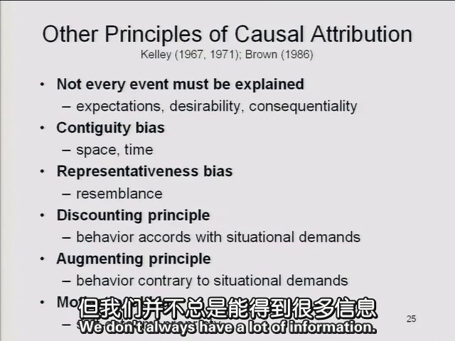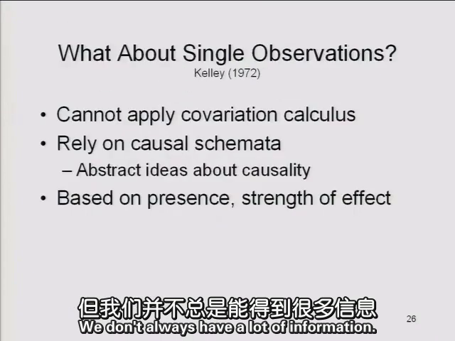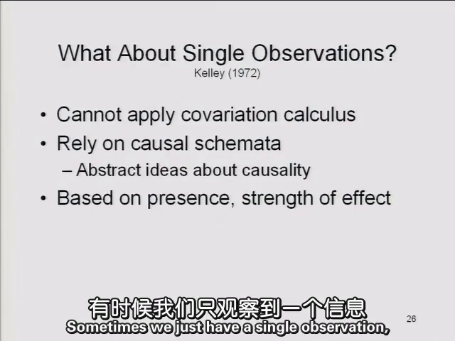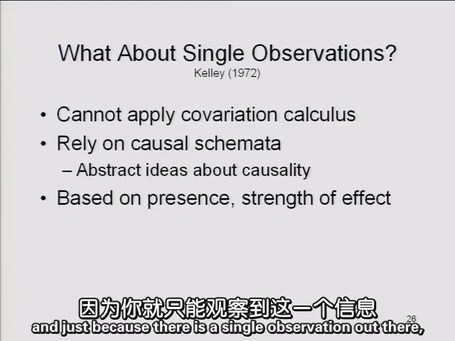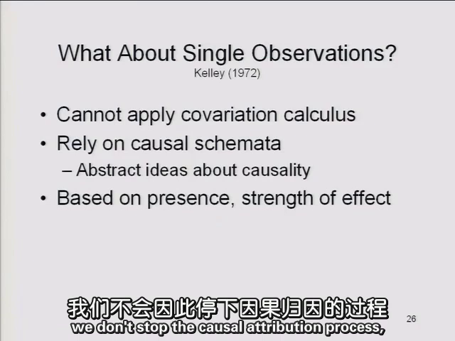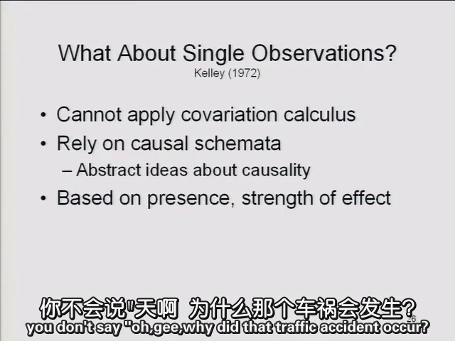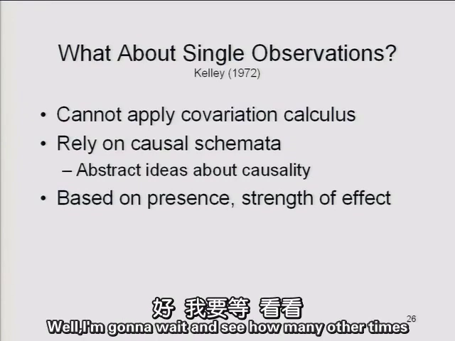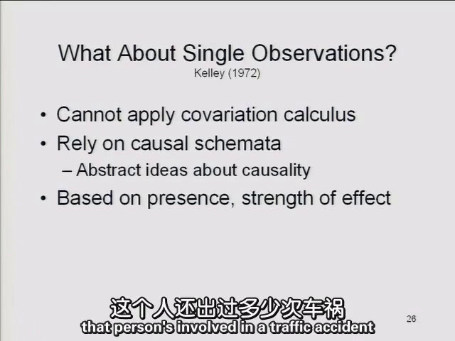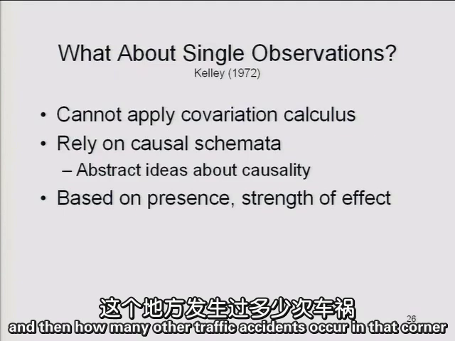We don't always have a lot of information. Sometimes we just have a single observation. And just because there's a single observation, we don't stop the causal attribution process. You observe a traffic accident. You don't say, well, I'm going to wait and see how many other times that person's involved in a traffic accident, and how many other accidents occur on that corner.